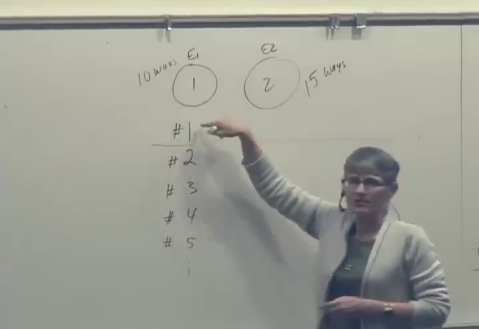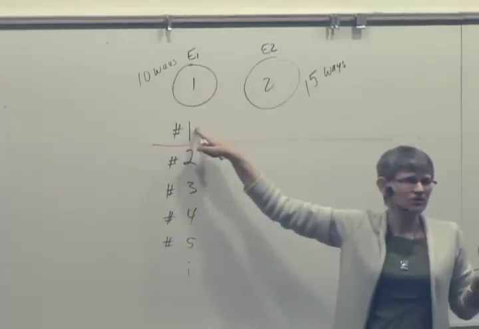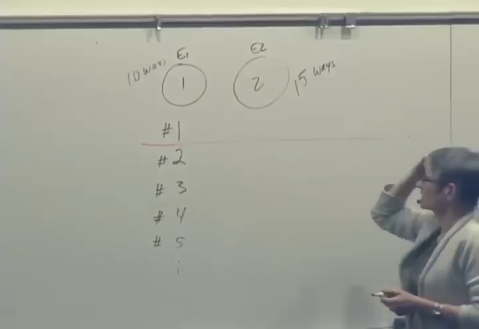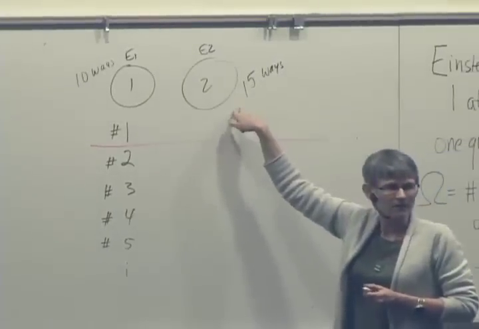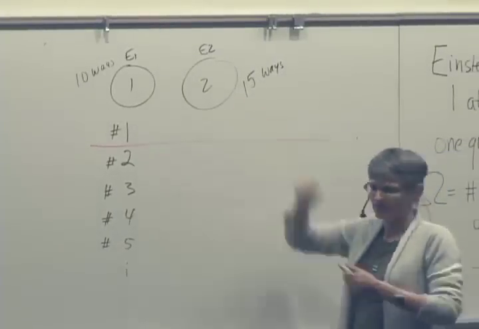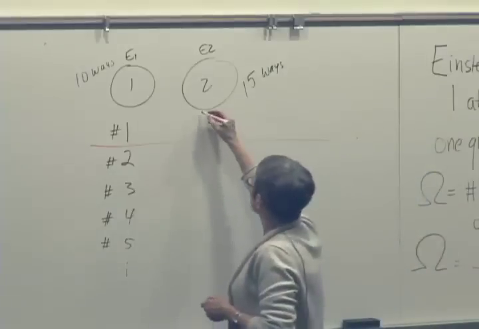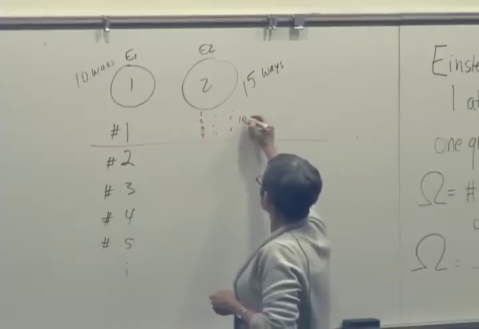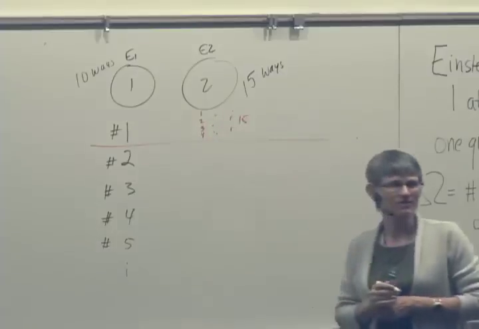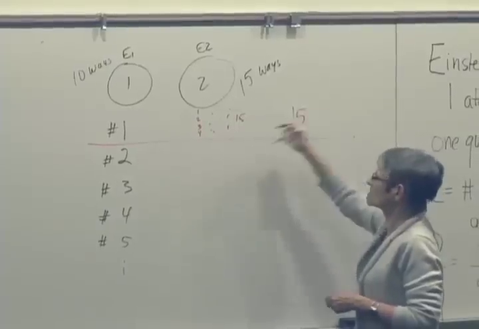We've taken one of these ways of arranging this amount of energy in this object. How many possible ways are there to arrange that amount of energy in that object? There are 15 ways, aren't there? 1, 2, 3, 4, 15 ways.